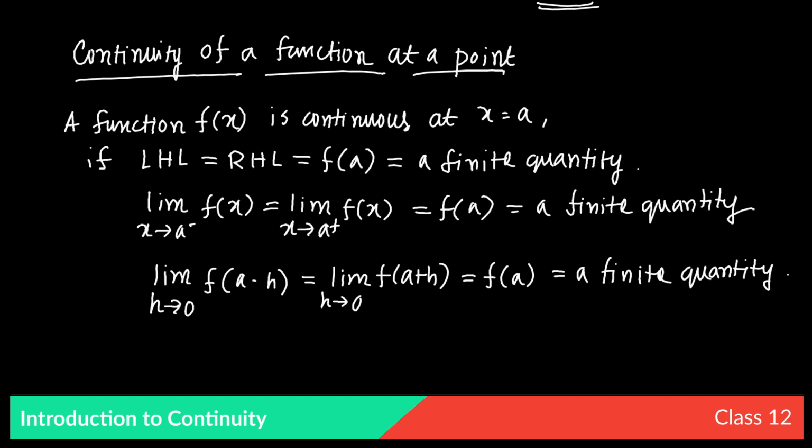Then we will say that the function is continuous. If LHL is not equal to RHL, then we will say that the function is discontinuous at the point x equals a or any other point we take. So I think it is clear about the concept of continuity.